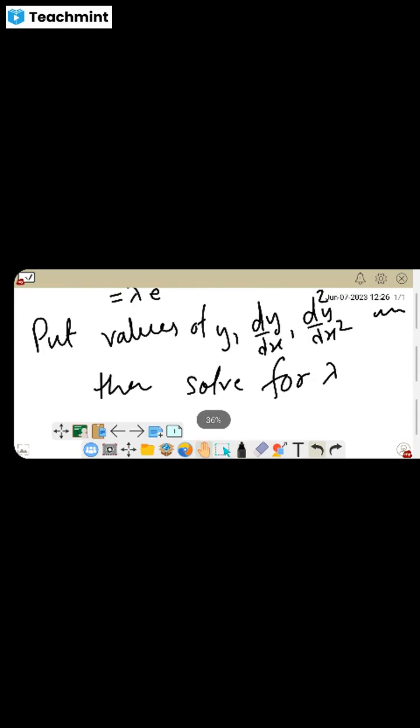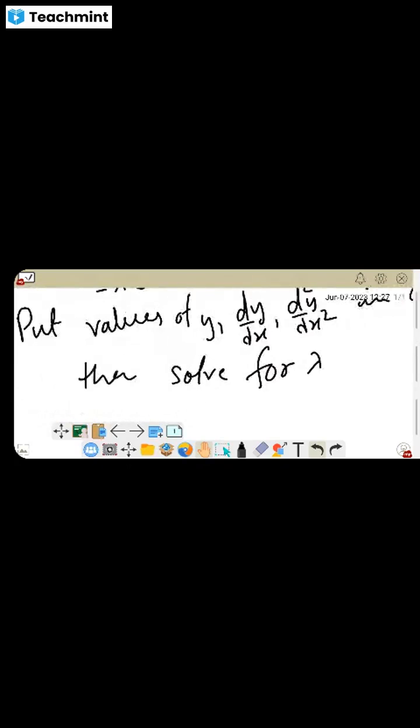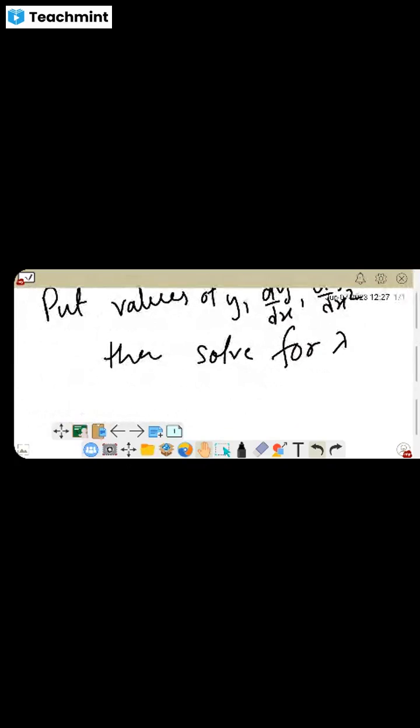We'll do the question, then you can understand well. Okay, these are the steps. Solve for lambda.